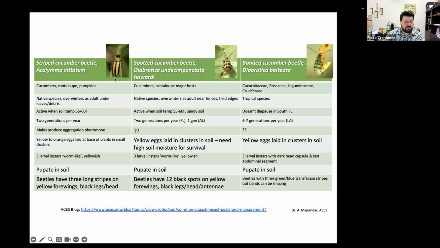So morphologically, we can distinguish between them. And like I said, the striped cucumber beetle is the one usually associated with the injury on the fruits. There is no evidence for aggregation pheromone in the other species, but on the striped cucumber beetle, that happens very distinctively.